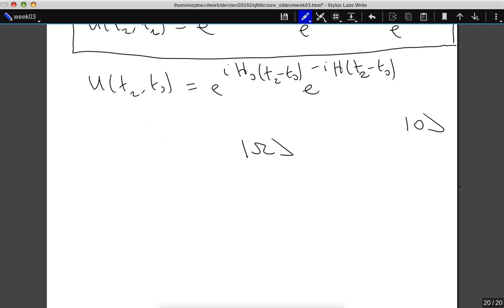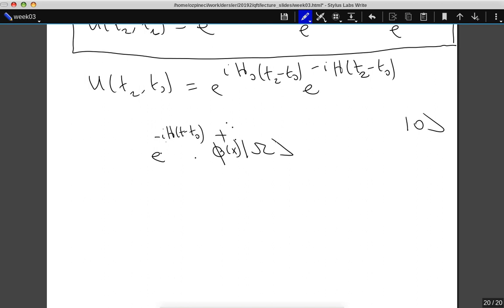Then I would like to create some particles, let's say with momentum, or at the point x. I create some particle, then I let it evolve in time. So its evolution will be e to power minus i h (t minus t0).